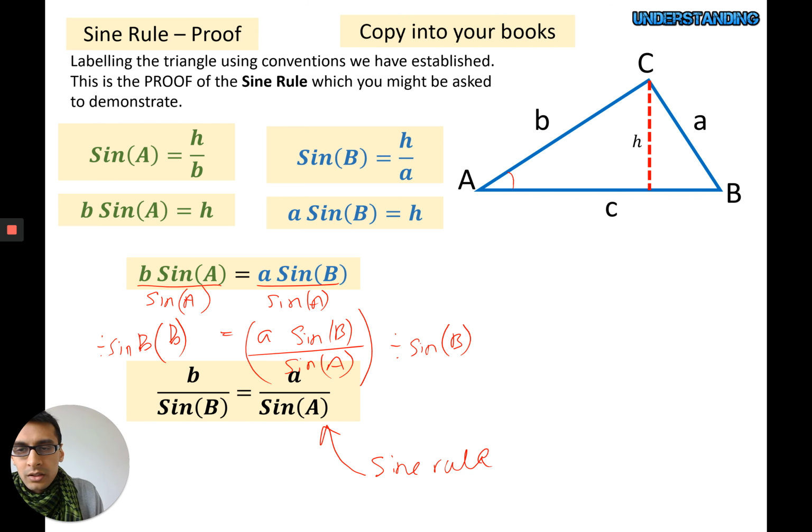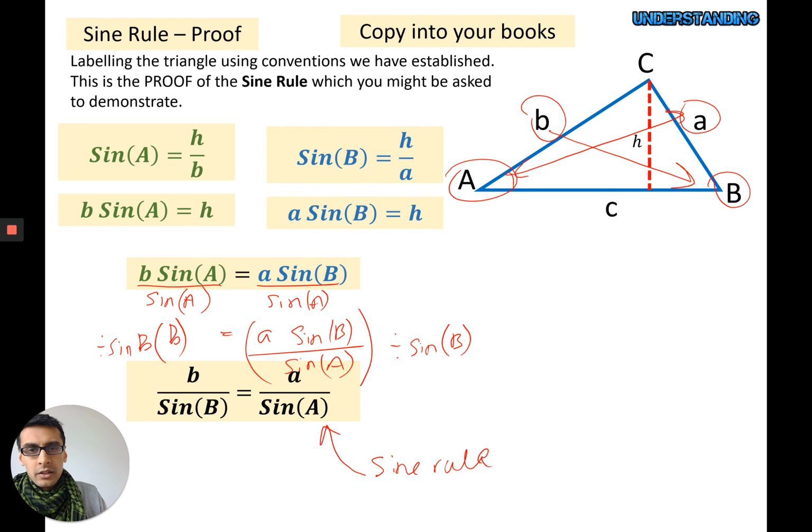It's something that you need to be able to demonstrate from scratch in an exam. They might ask you to prove the sine rule, in which case you sketch this triangle out, and then you do exactly what I've done on the screen here. Now, I happen to have used 2 sides, so I've used sine A and sine B, so we can relate these together.